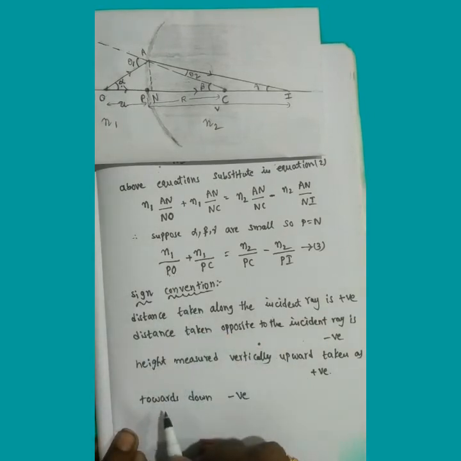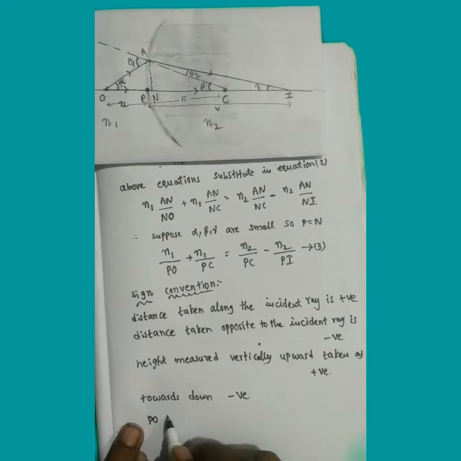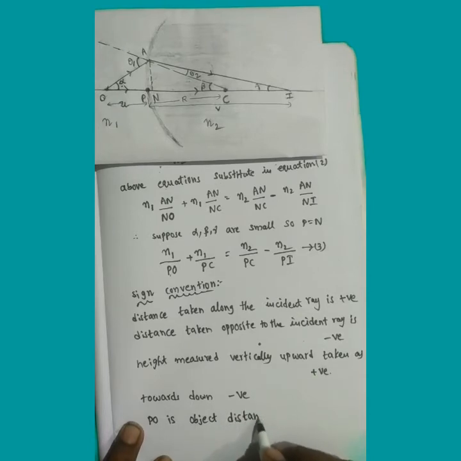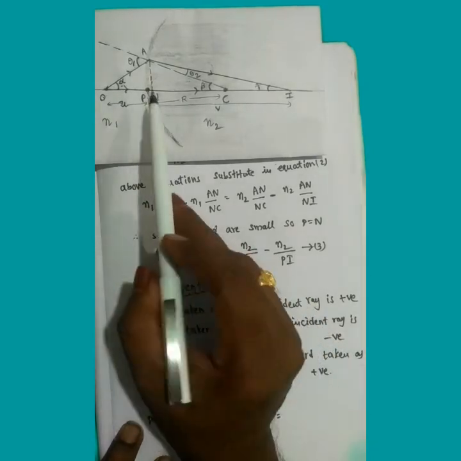Here PO, what is the PO? PO is the object distance. Is it in the positive direction or negative direction?